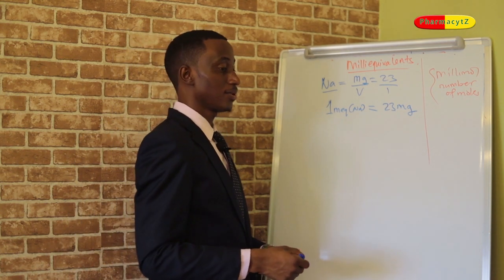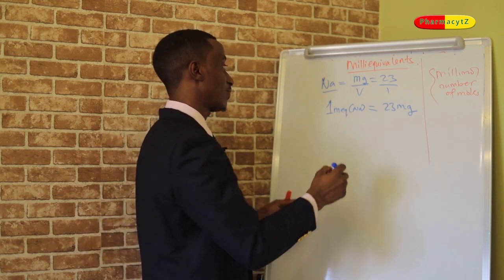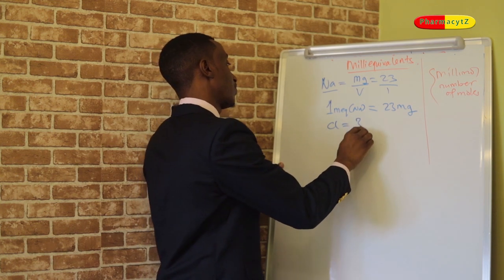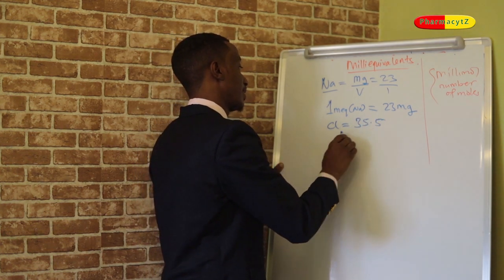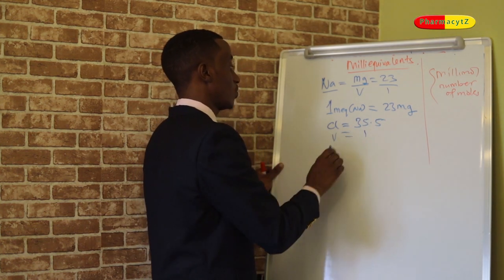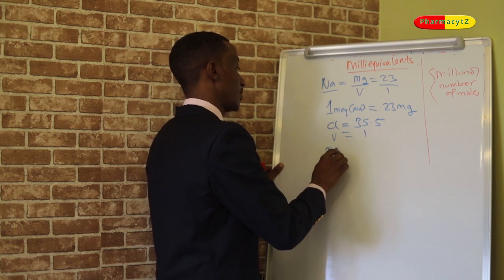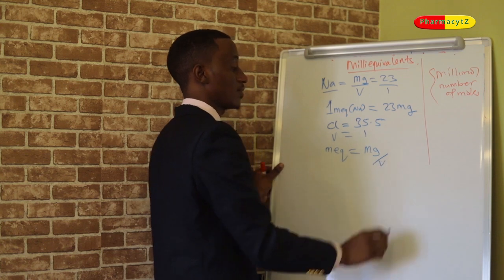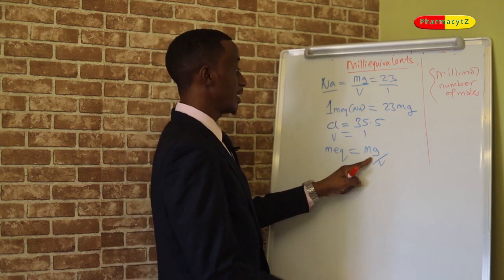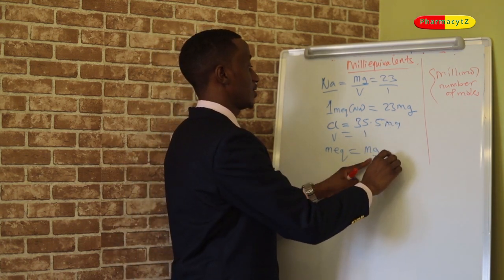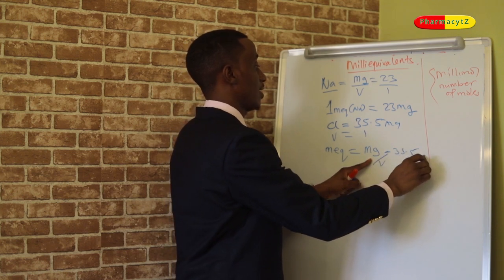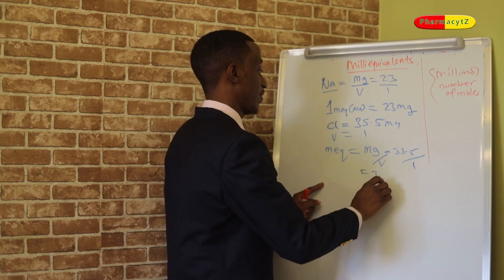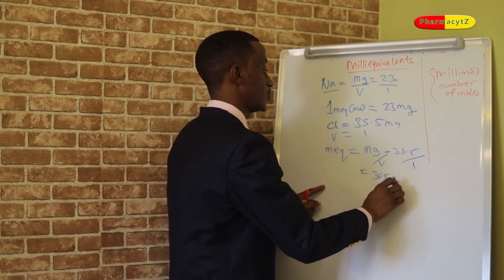Let's check another example. If we are looking at the milliequivalents of chlorine, chlorine has a molecular weight of 35.5 and a valence of 1. So the milliequivalent weight is equal to the milligrams over the valence of the specific substance. Here, 35.5 divided by 1 gives 35.5 mg.